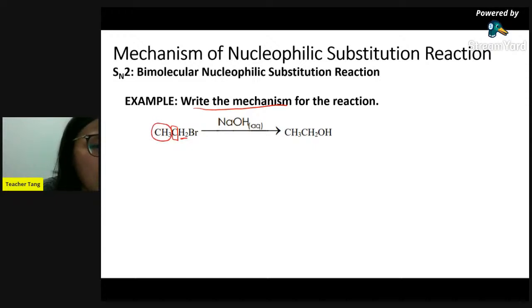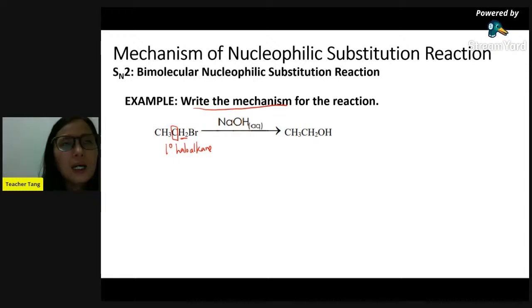So this is a primary haloalkane. And can you see that this primary haloalkane does not have a lot of steric effect? Okay, so the steric effect is very low. So if the steric effect is very low, then it is going to proceed through the SN2 reaction mechanism.